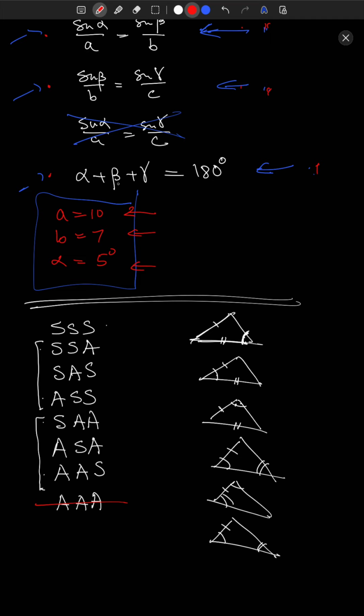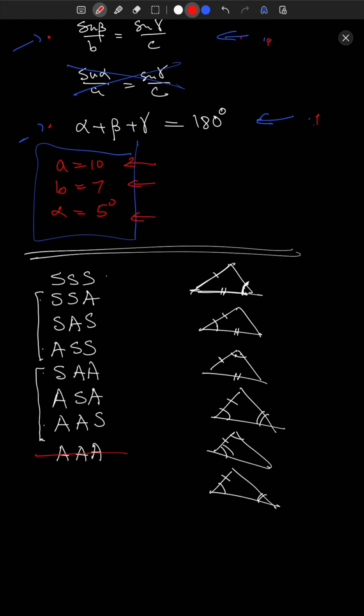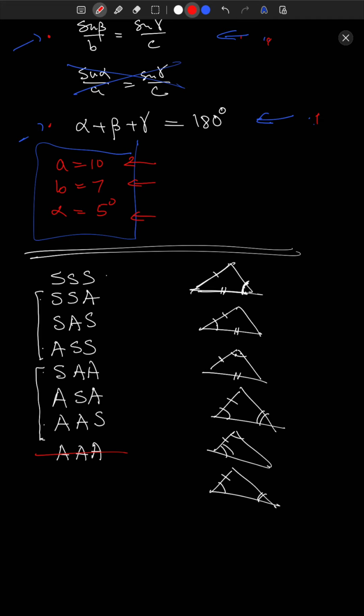And we had the fact that alpha plus beta plus gamma is 180 degrees.